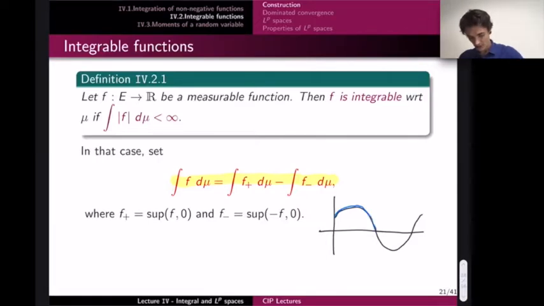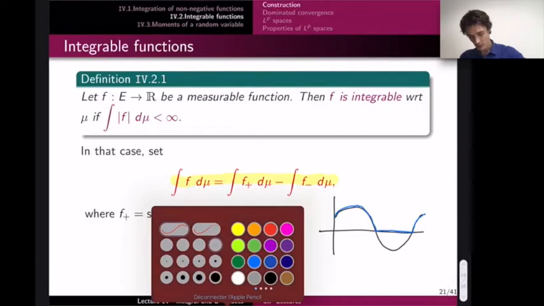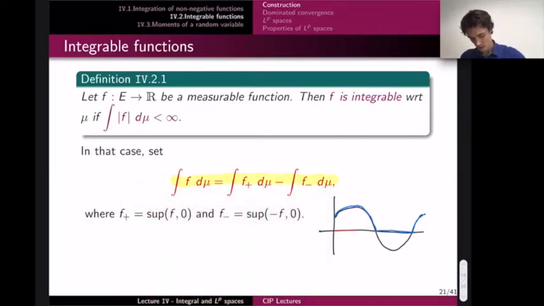When f is negative, this is equal to 0. And when f is non-negative, this is again equal to f. And the same goes for f minus. f minus is equal to 0 here when f is positive, and then it's equal to f when f is negative. Okay, so this is f minus, and this is f plus.